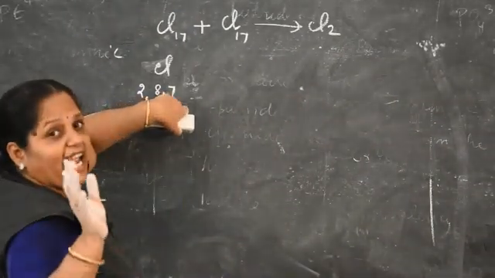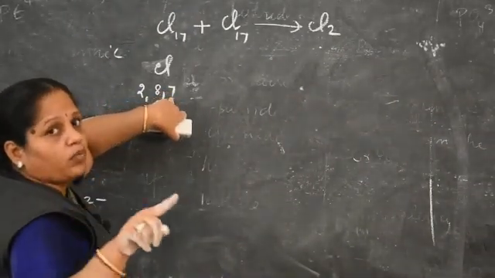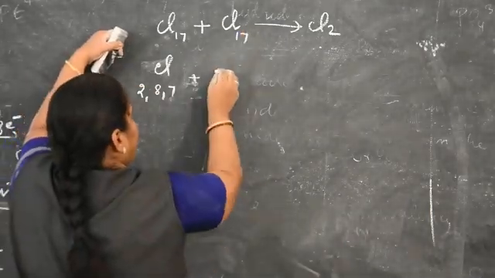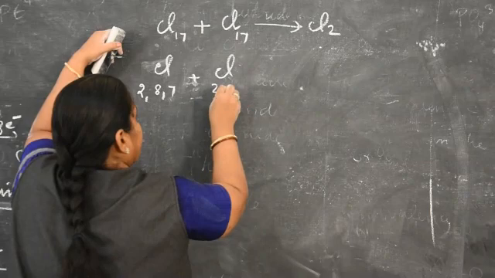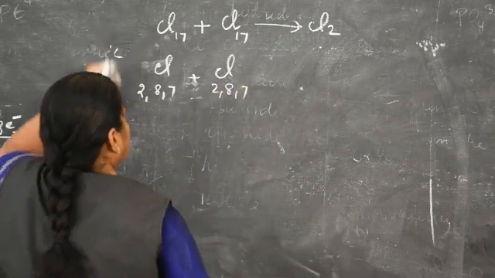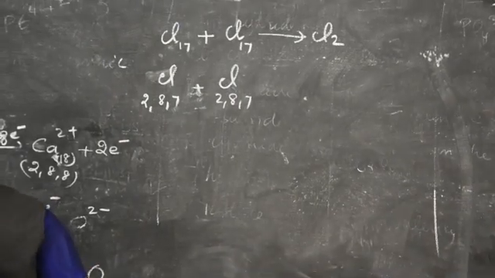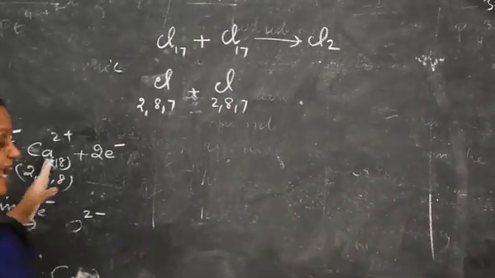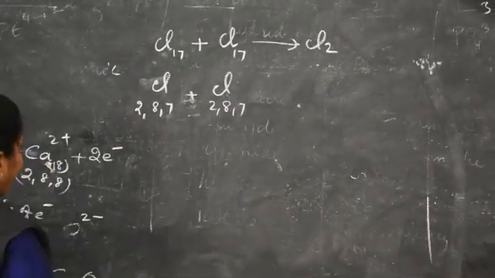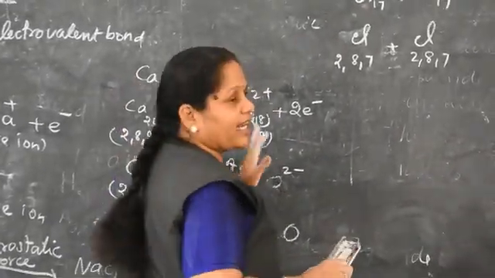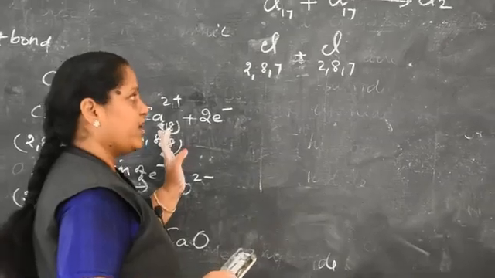For attaining 8 electrons, it needs 1 more electron. Yes or no? Yes. Like that, the other chlorine atom also contains 2, 8, 7. In an ionic bond, there is complete transfer of 1 or more electrons from cation to anion, from metal to non-metal.